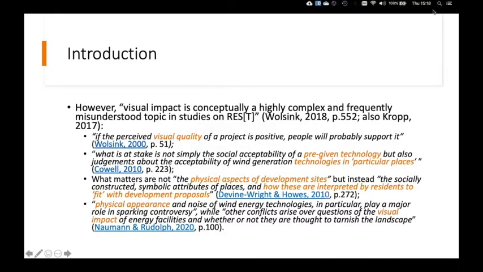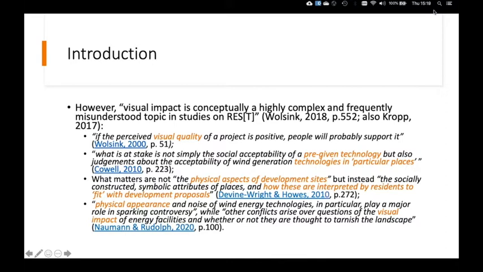However, despite the fact that this is already a well-known result, and that a lot of research has been published on this aspect of people's responses to renewable energy technologies, as Martin Volsing has recently put it, the visual impact of renewable energy technologies is conceptually a highly complex and still frequently misunderstood topic in these social science studies.